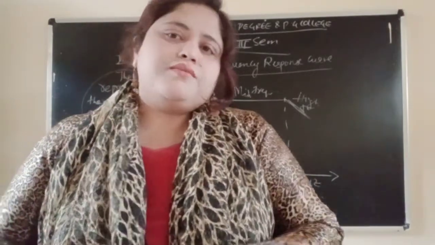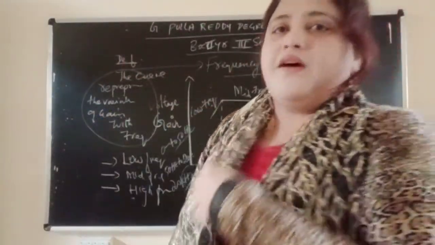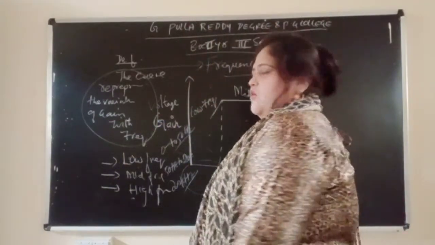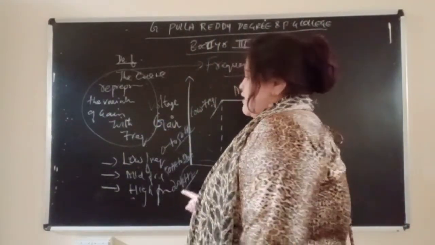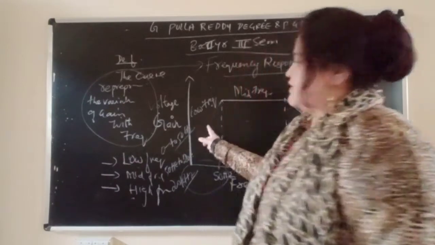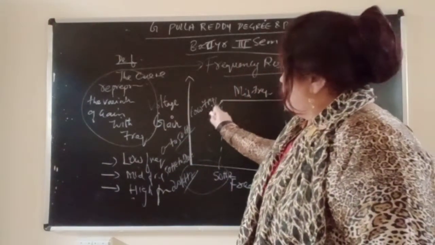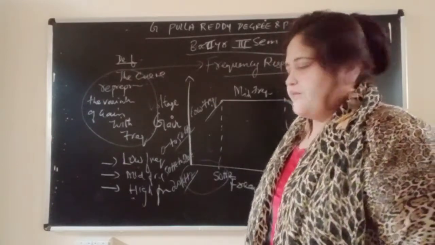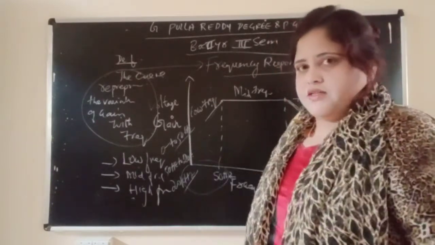First we are going for low frequencies. In low frequency what is happening? Why is the gain decreasing? Because of what component? And in mid frequency what is happening?